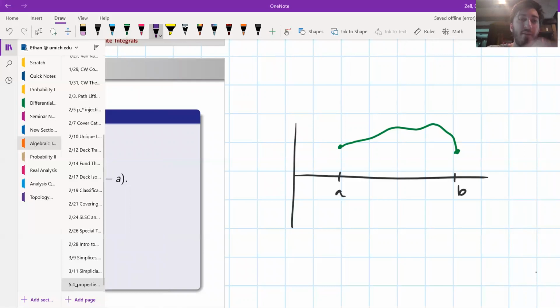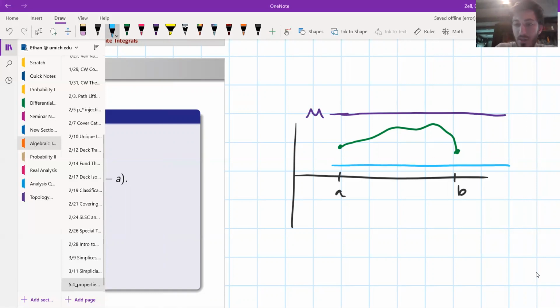And we're saying that if f is below some large M, and it is above, whoops, it's supposed to be a straight line, above some small m, then the actual area under the curve is bounded by the area of the rectangle.